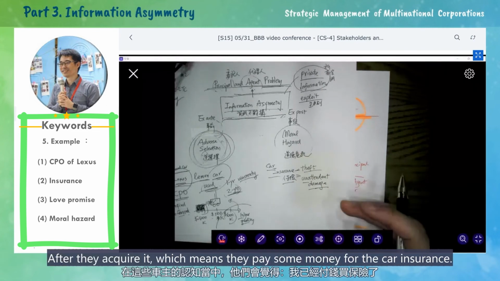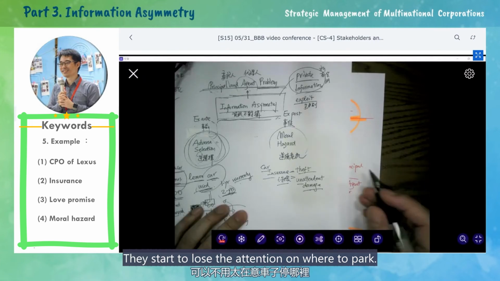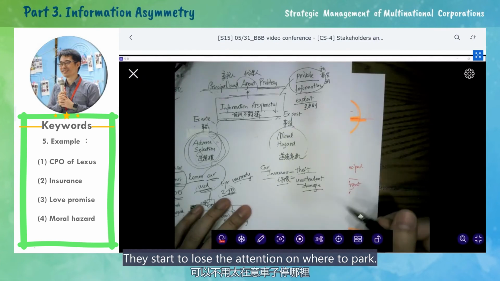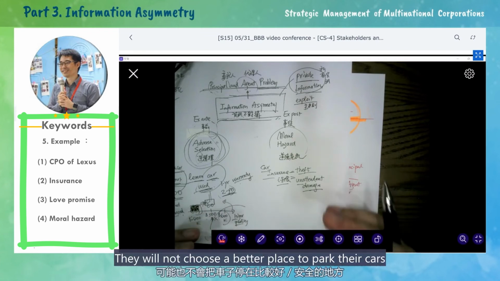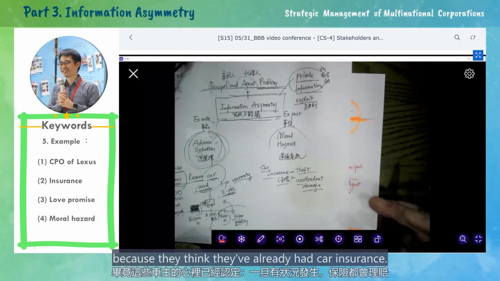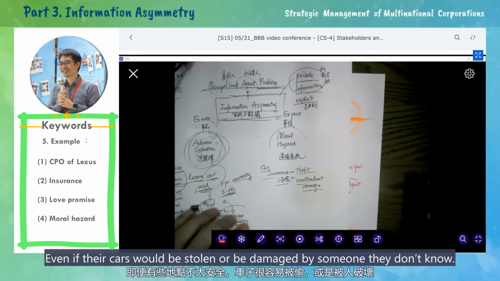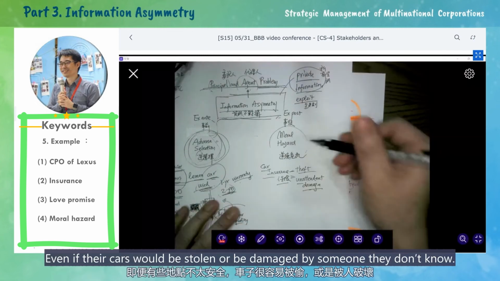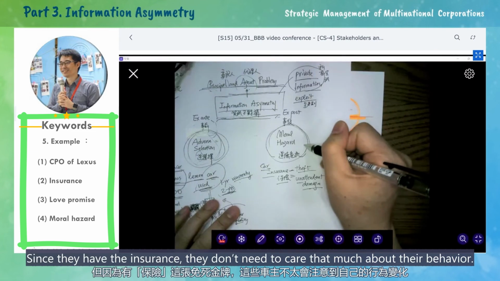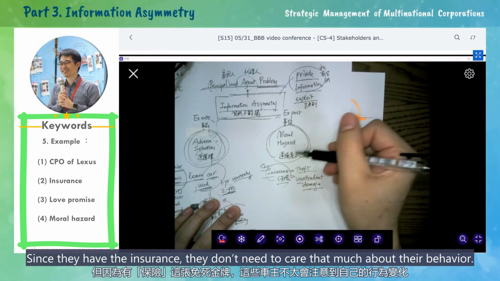After they pay money for the car insurance, they start not caring where to park. They will not choose a better place to park their car, because they think, I already have car insurance, so I don't care if my car is stolen or damaged by someone. I don't need to pay much attention to my behavior.